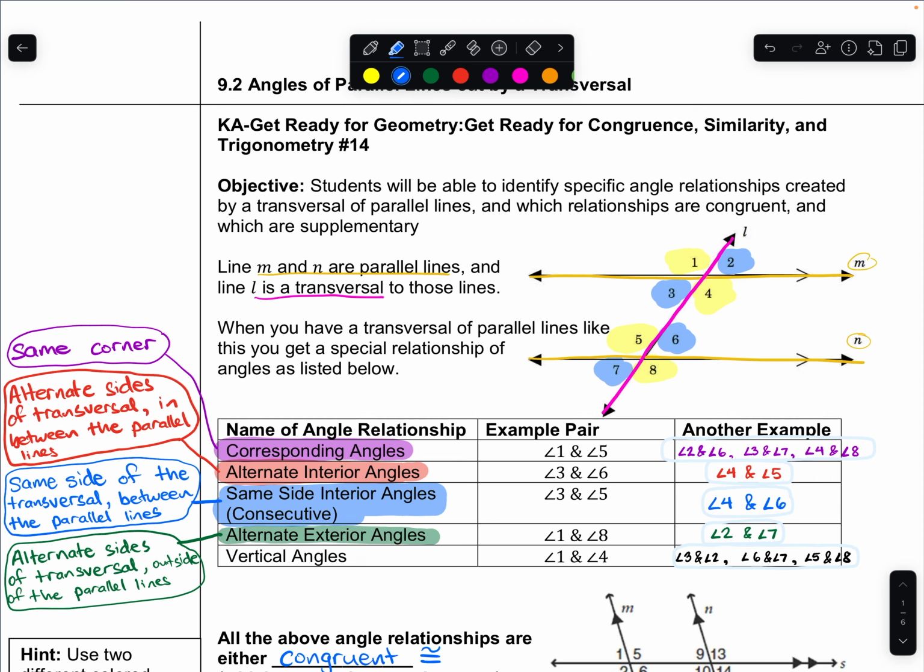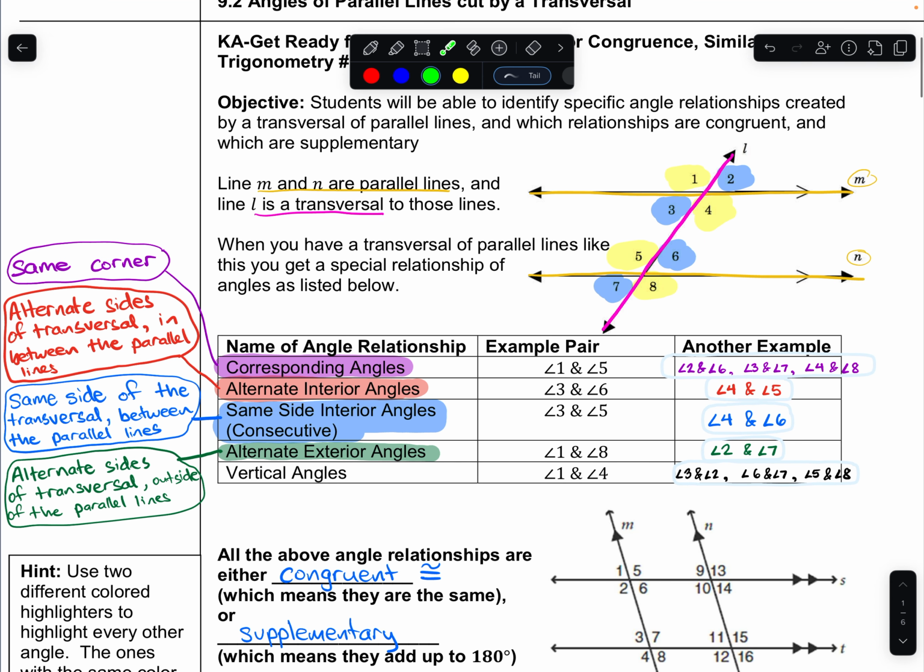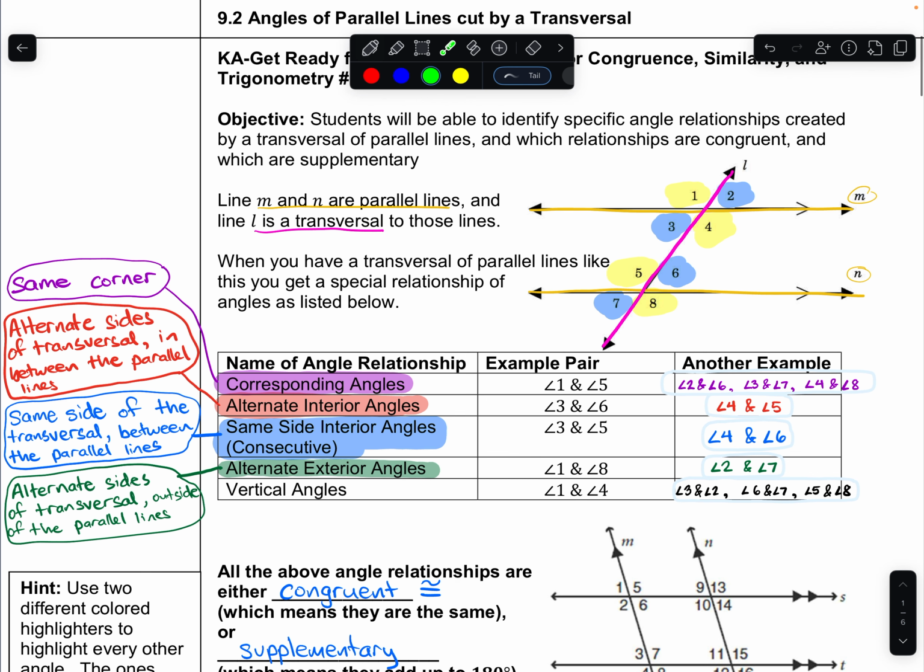And what will end up happening is if you pick any 2 angles and they're the same color, if you pick 2 yellow angles, they're congruent. If you pick 2 blue angles, they're congruent. Or if you happen to pick a yellow angle and a blue angle, those 2 angles would be supplementary.